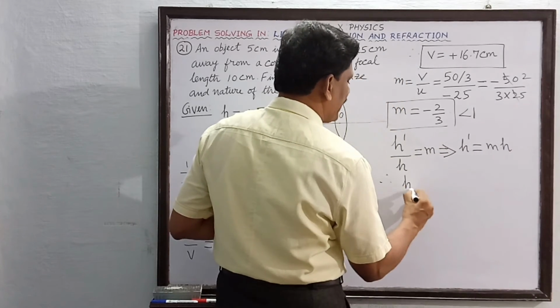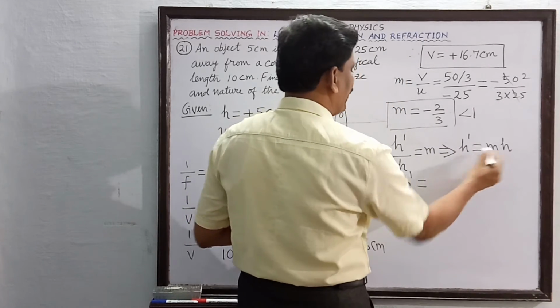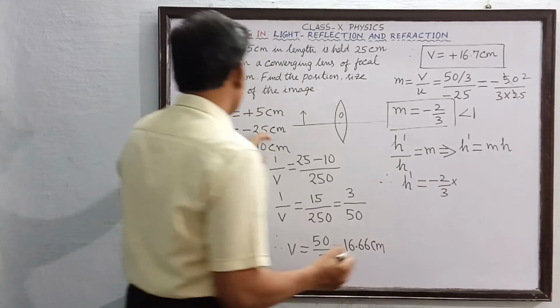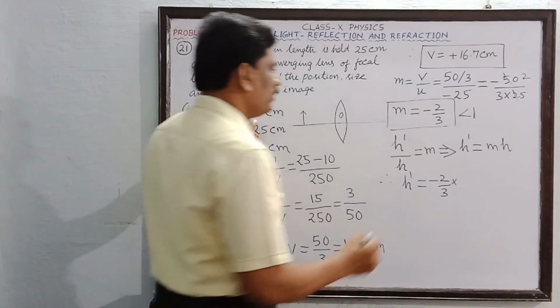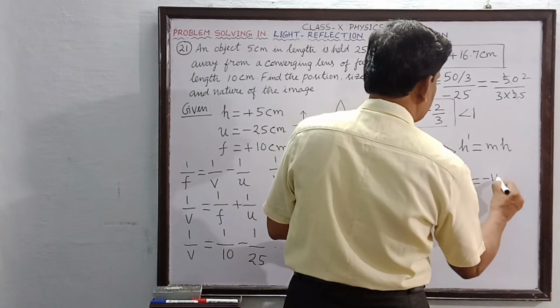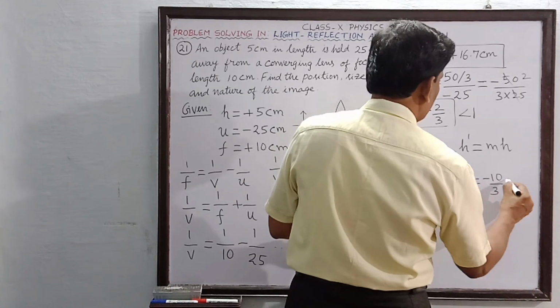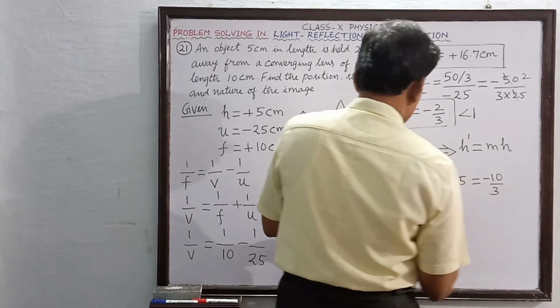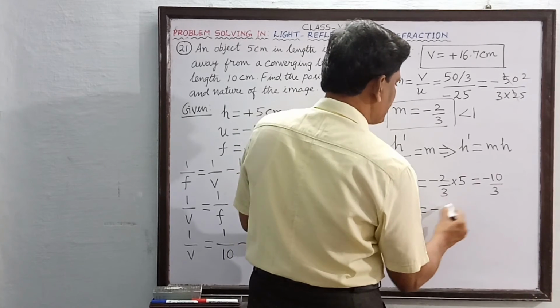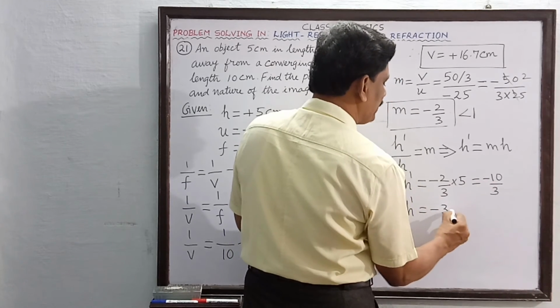Therefore, what is h dash? h dash is equal to, instead of m, minus 2 by 3 multiplied by h, which is 5. So this is equal to minus 10 divided by 3.